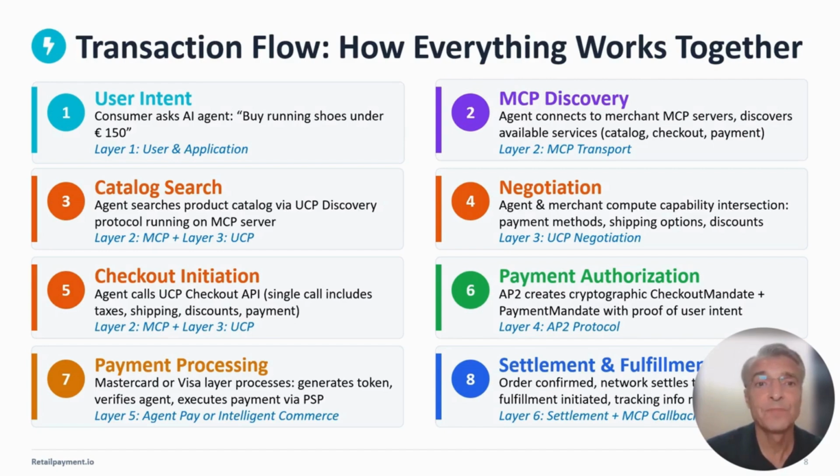Step 3, it searches for product catalogs using the commerce protocol, UCP, or maybe the other commerce protocol or any other commerce protocol. And this is running in the MCP server or on top of the MCP server, however you look at it. And then we are at stage 4.